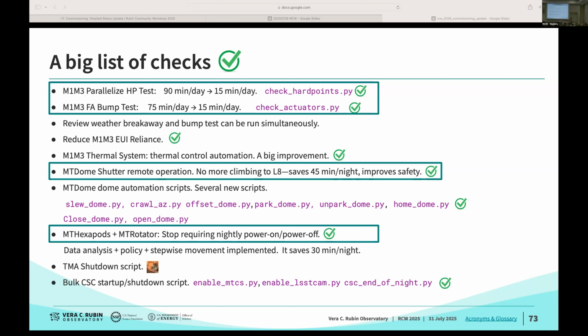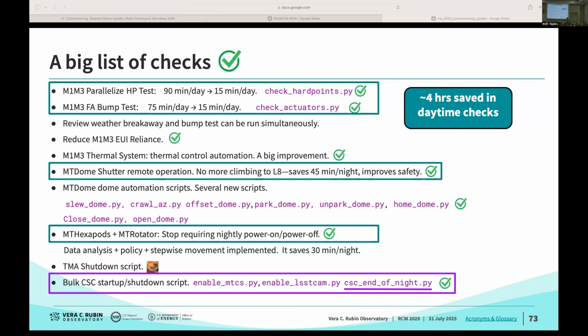We were barely able to go on Sky during the commissioning camera campaign in time because of those daily checks that we had to do every day. So only with this, we were able to save around 4 hours every day.